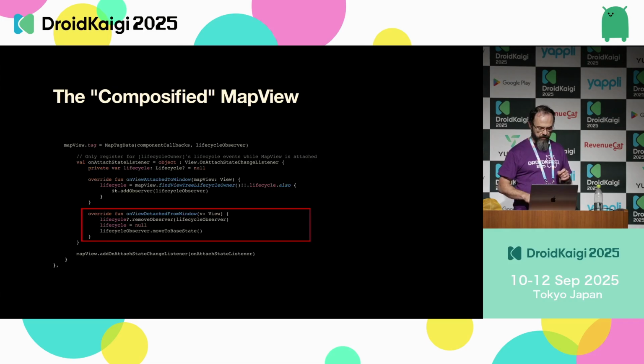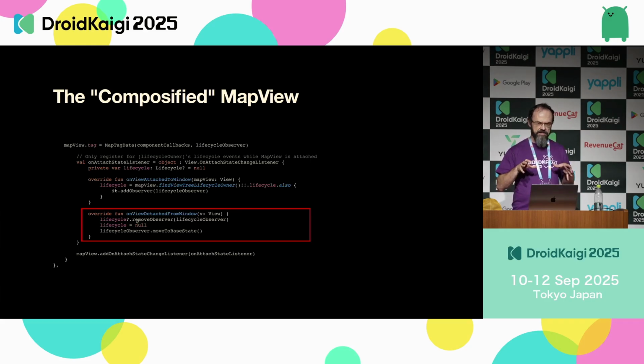Similar one is onViewDetachedFromWindow, but in this case, the MapView is not attached to the window anymore. So we are going to remove the observer. We are going to set the lifecycle as null, and we are going to move to the base state.